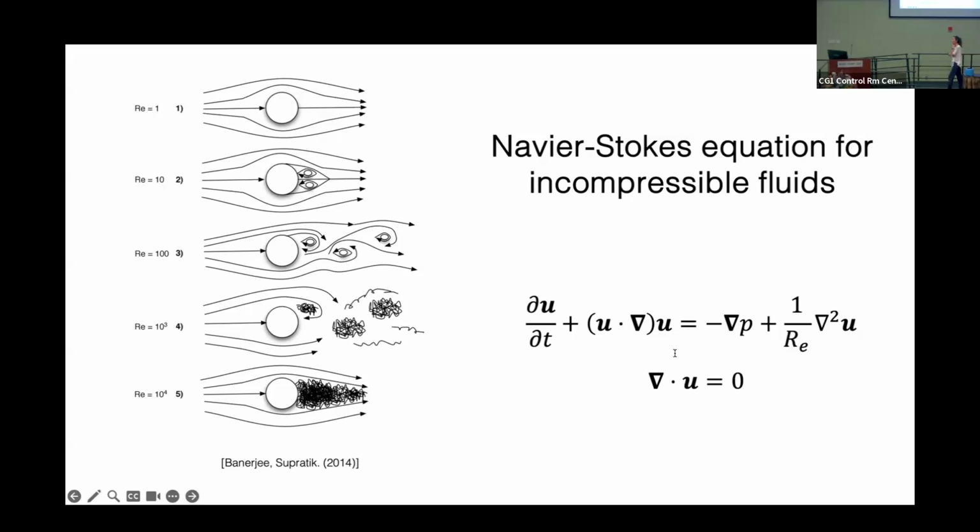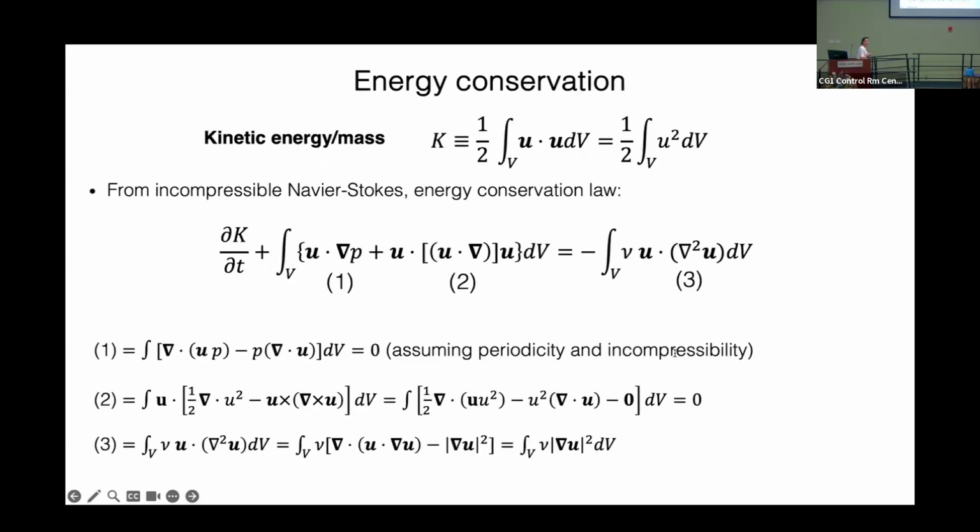This can be understood by looking at the energy conservation that you can get from the Navier-Stokes equation. Let us define a kinetic energy per unit mass, which is the volume integral of 1/2 u dot u.